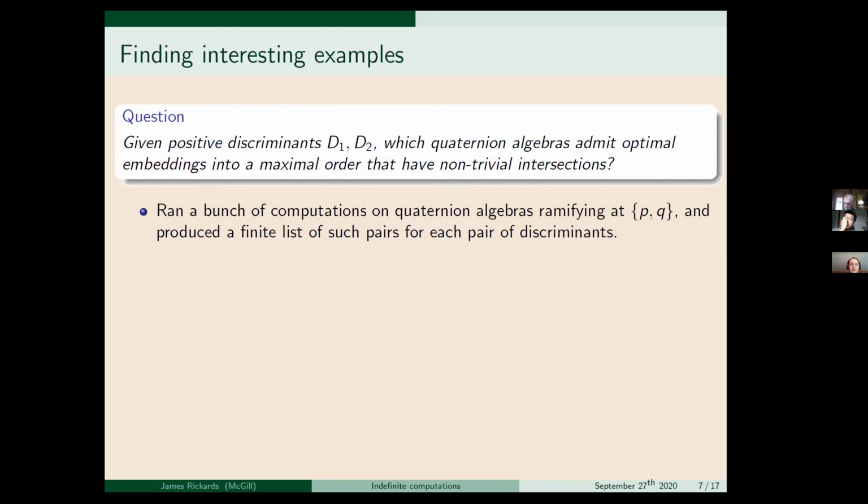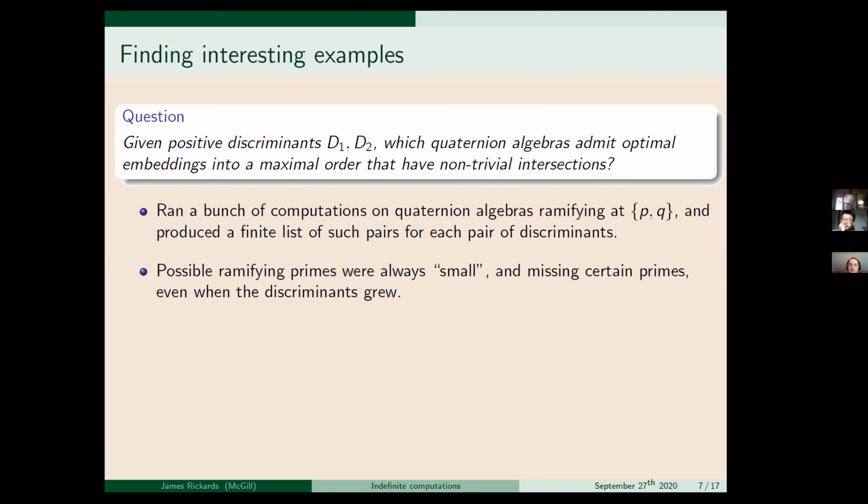So naturally what I did is I fixed D1, D2, took a bunch of pairs of primes P, Q, and just computed all the optimal embeddings, all the intersection numbers, and saw if there was something non-zero or not. You do this over a large box of P, Q and you get some list.